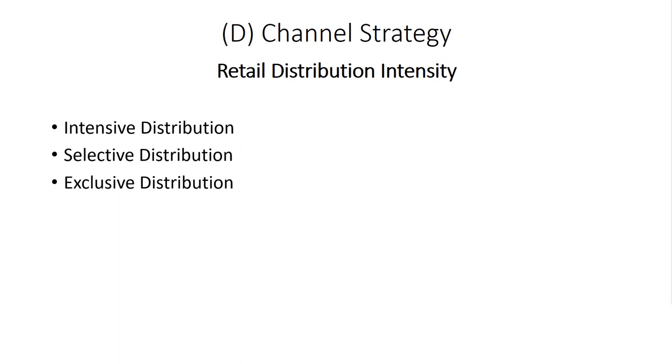Now, the selective is chosen a lot of times because there is a particular problem with intensive distribution. And there's two big problems. Number one problem is that the more retailers or the more entities I have to deal with, the more money I have to spend to deal with them, and it may not really be worth it for me to do that.